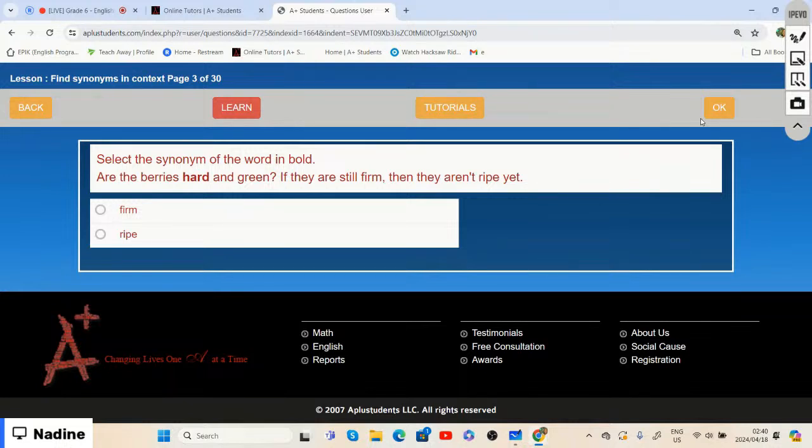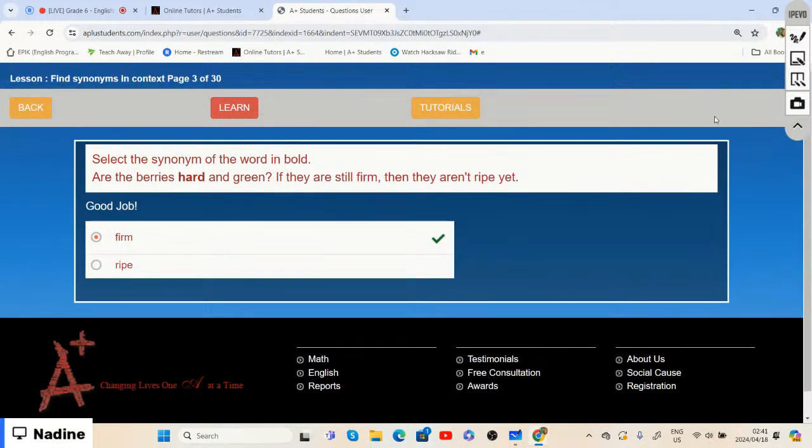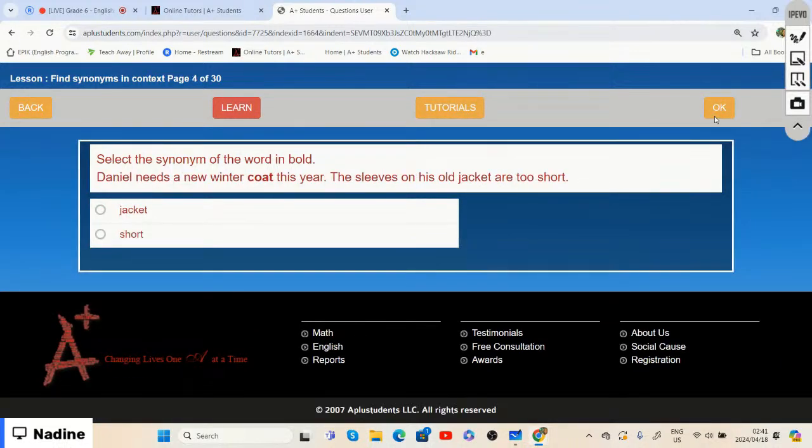All right. And another word for hard, we can say it is firm. So well done. Firm is correct.